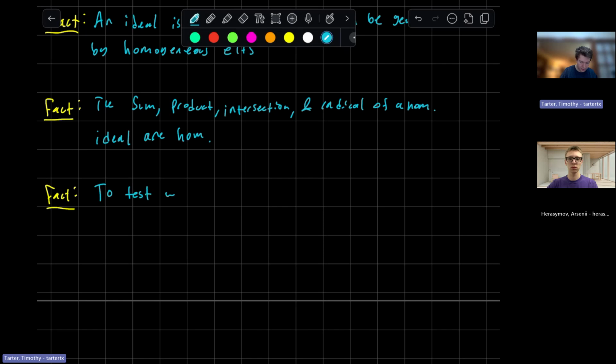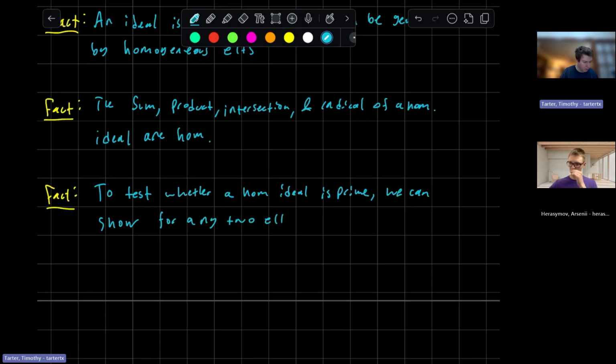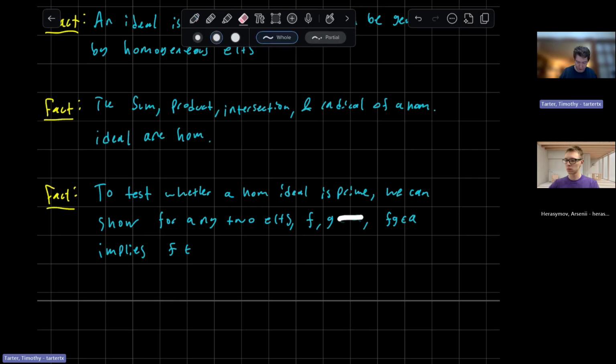To test whether a homogeneous ideal is prime, we can show that for any two elements, F and G, that FG in A implies F in A or G in A. Oh, these aren't necessarily in A. Hold on.